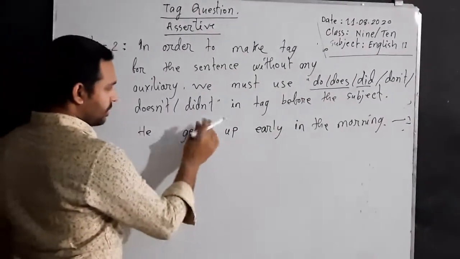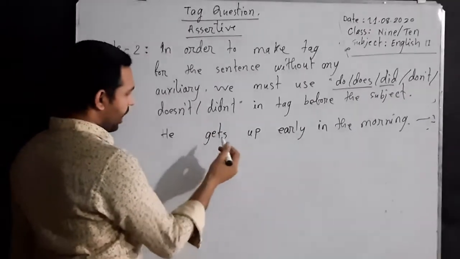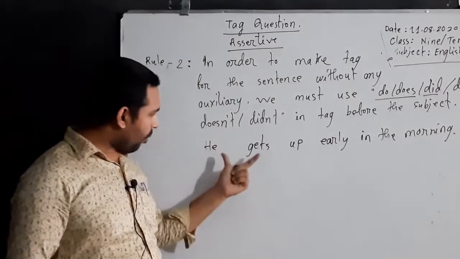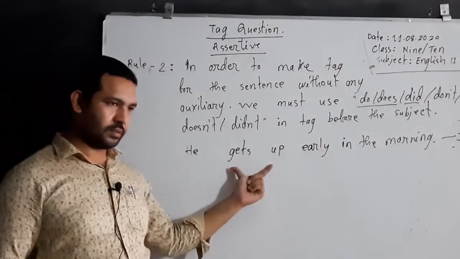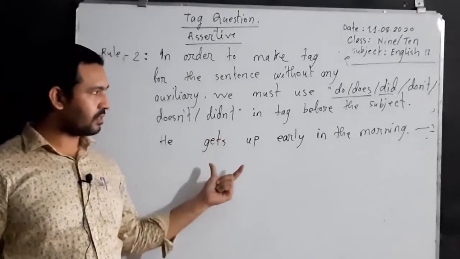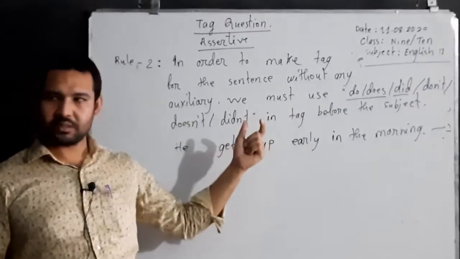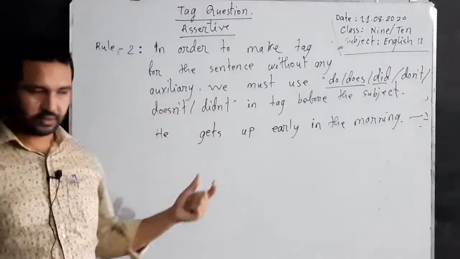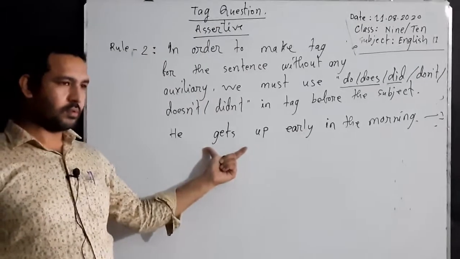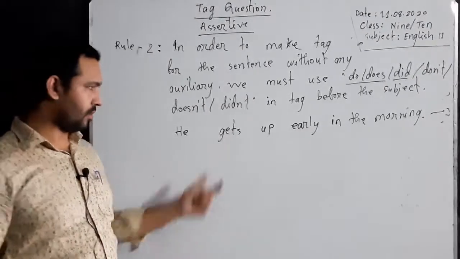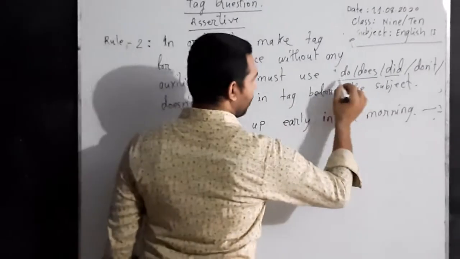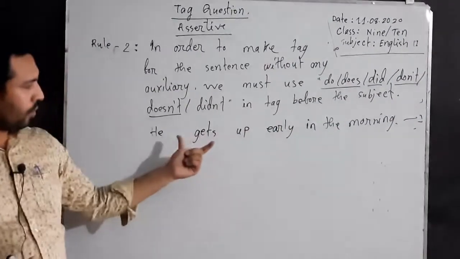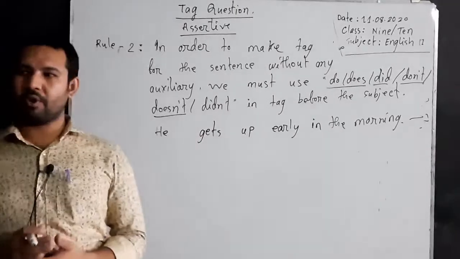Okay, and to make this, we have to keep in mind some things: what tense is the sentence. If it is in present tense, then we have to use do, does, don't, doesn't. If the sentence is in past tense, we have to use did or didn't. What tense is this? It's a present tense. So we should use do, does, or don't, doesn't. Now we have to look if it is affirmative or negative.